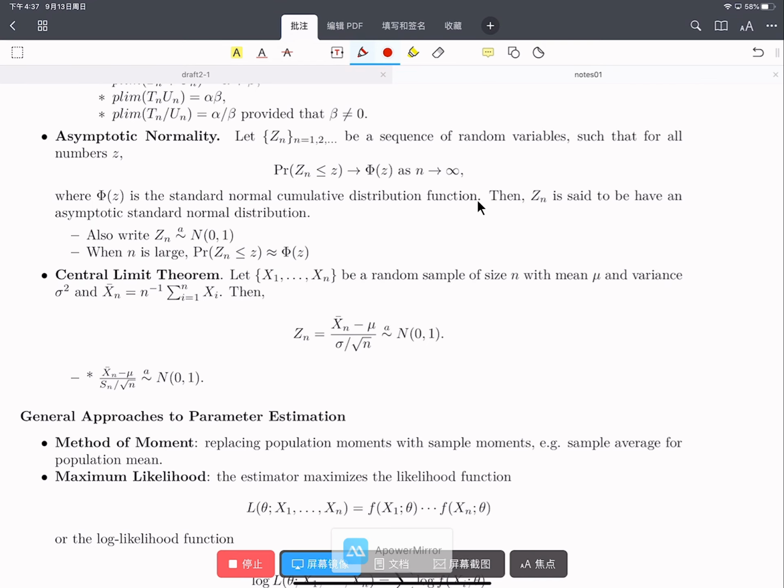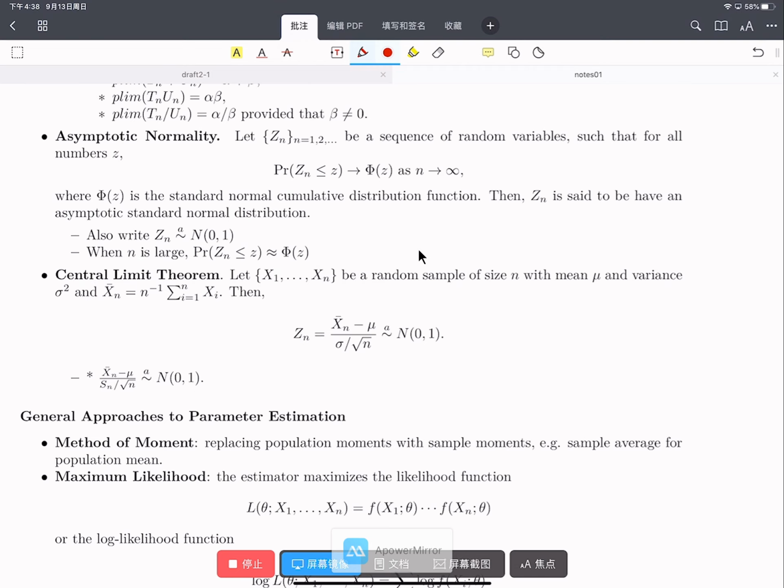Now the question is, if the sample size is growing, what will happen? For each sample, the sample average, as an estimate for the population average, is a random variable. So what will happen to the distribution of the estimator as the sample size grows?